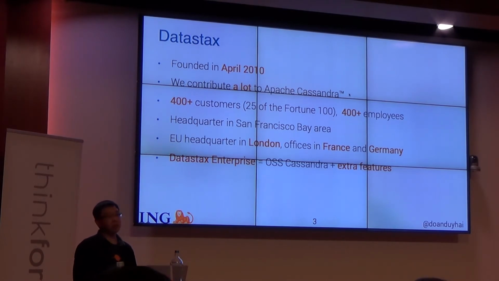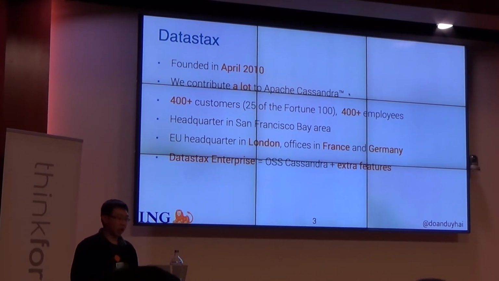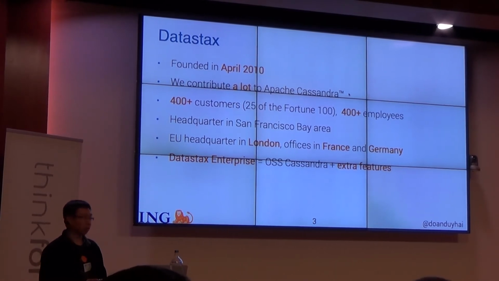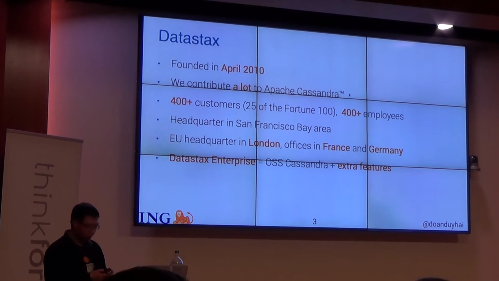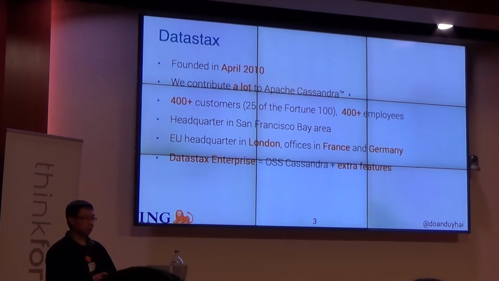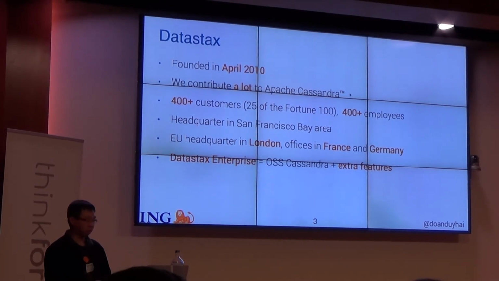In fact, 80% of the Apache committers are employees of Datastax. What we do is we support the community, and we also provide, of course, Datastax Enterprise, which is an enterprise version of Apache Cassandra. You take the open source product, you add a lot of features.